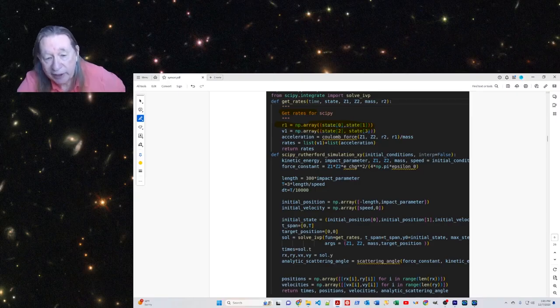I tell it where to get the velocity and acceleration. I tell it what time period to use. I give it the initial velocity and acceleration. And then it returns the position and velocity at various time points. So that's really all there is to it.